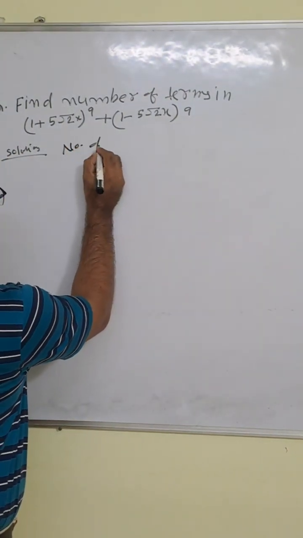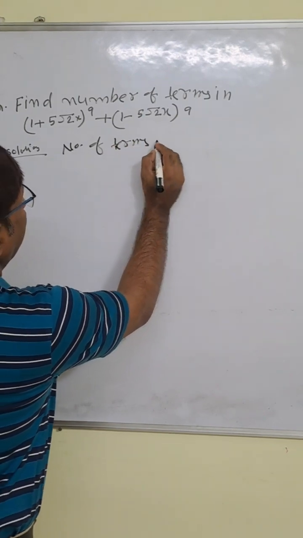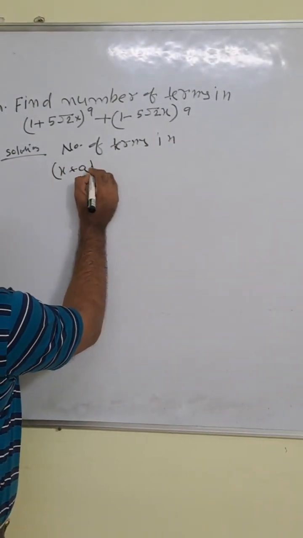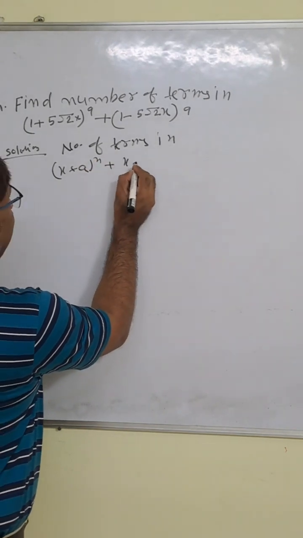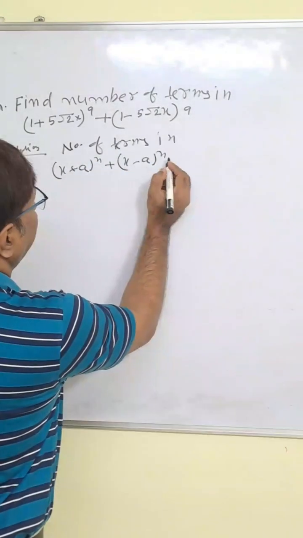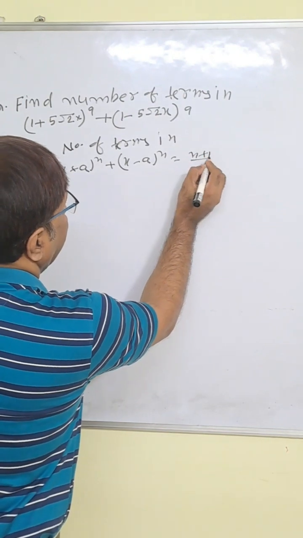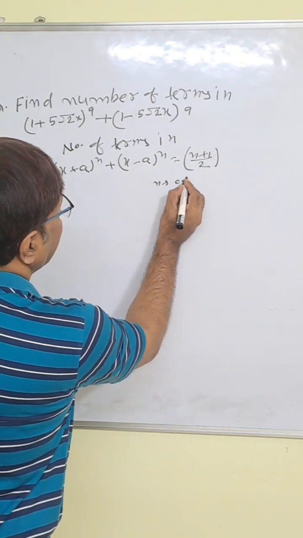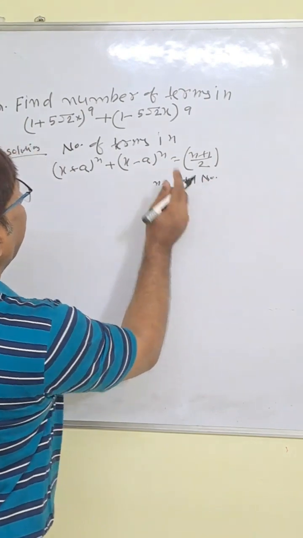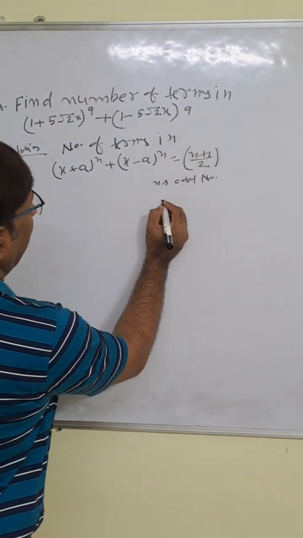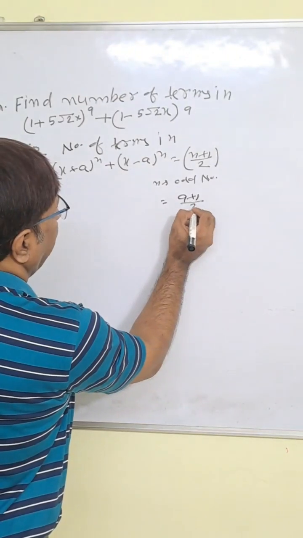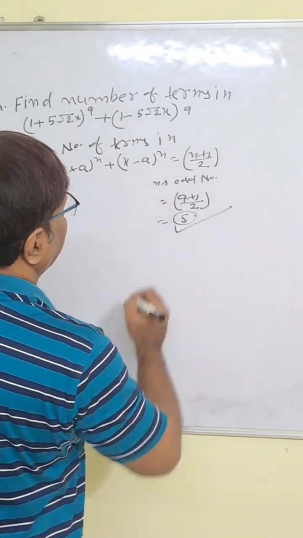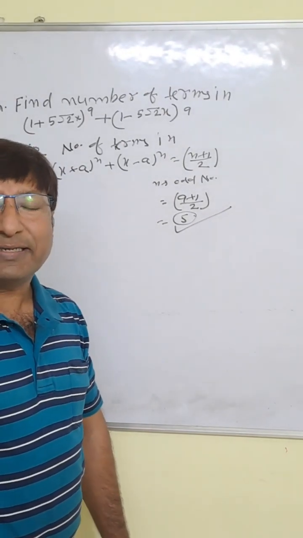Number of terms in (x + a)^n + (x - a)^n equal to (n + 1)/2, where n is odd number. So here n is odd number 9. So our answer will be (9 + 1)/2, that is 5. So number of terms is 5. This is our correct answer.